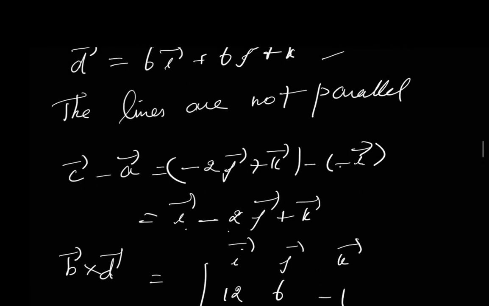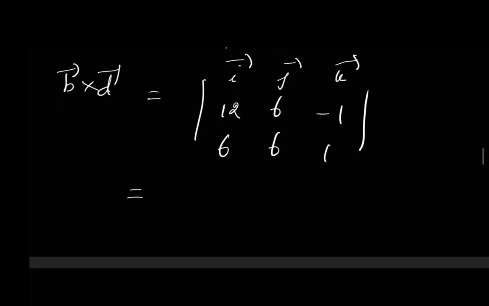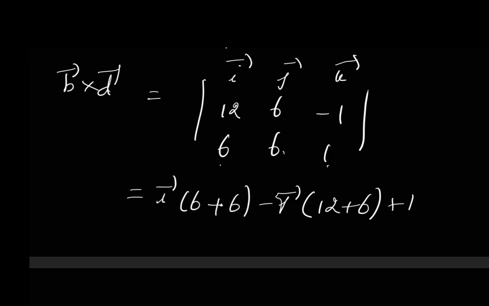Vector d is 6, 6, 1. So this is equal to vector i, leaving out this column: 6 ones are 6, 6 minus 6, plus 6. Minus j vector, 12 minus 6, so plus 6. Plus k vector.